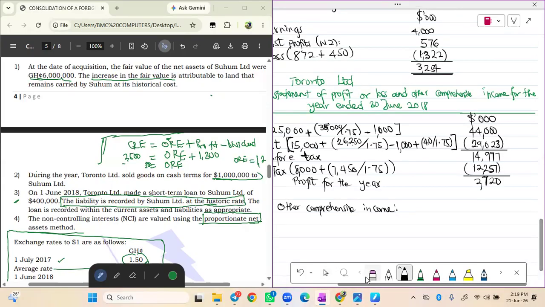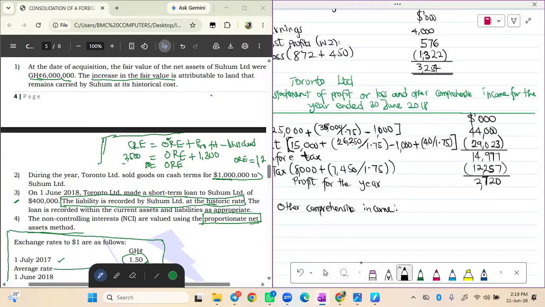Is it 251 or 257? 257. It's 27234. Yeah, 2720 is correct.